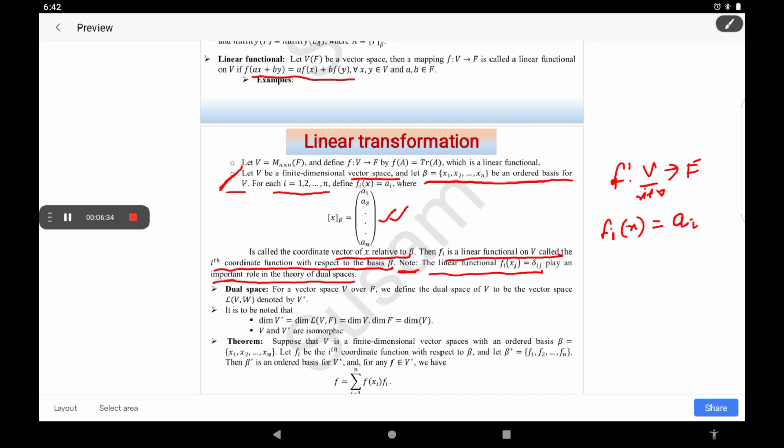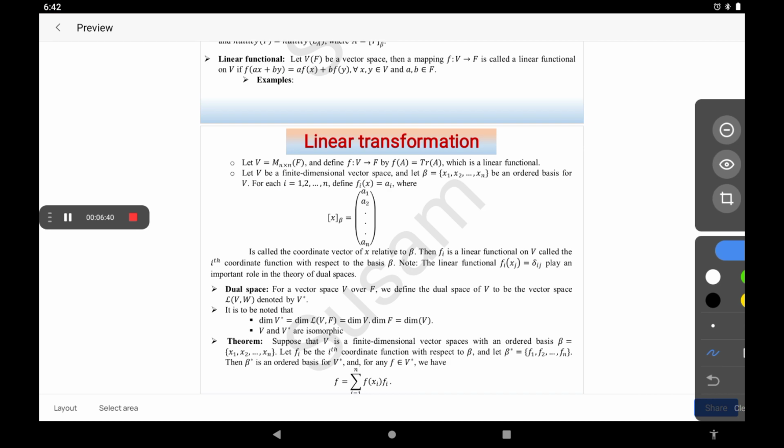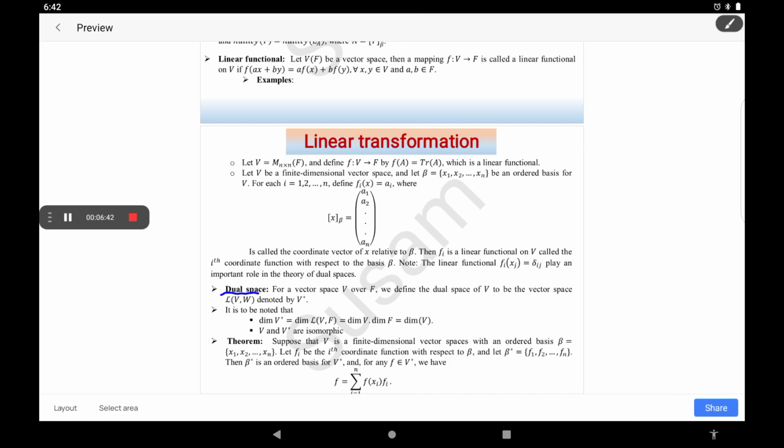So now coming back to the definition of dual space. What is dual space? For a vector space V over the field F, we define the dual space of V to be the vector space L(V, F).